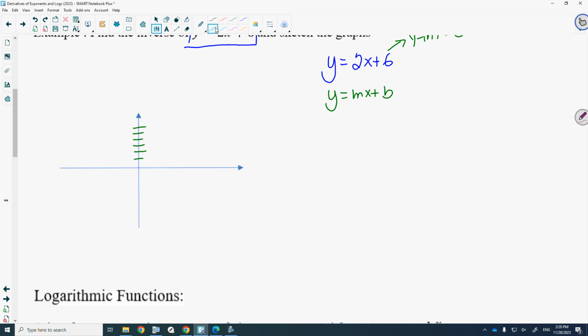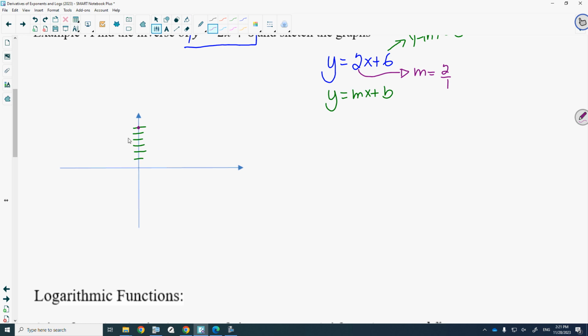The slope of this graph is 2 over 1, which means that you would rise 2, run 1, or you would fall 2 and go to the left 1.